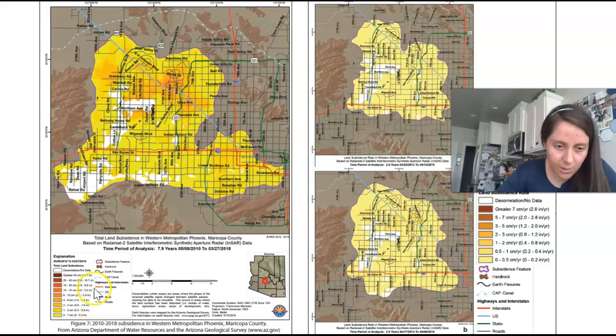So as you see here below in the legend, you have the amount of subsidence, and given the specific color code that it has, you will calculate what the darkest color code corresponds to in the legend. Okay, so there's a specific answer. Actually, this is a short answer, so you'll have to be specific about it.